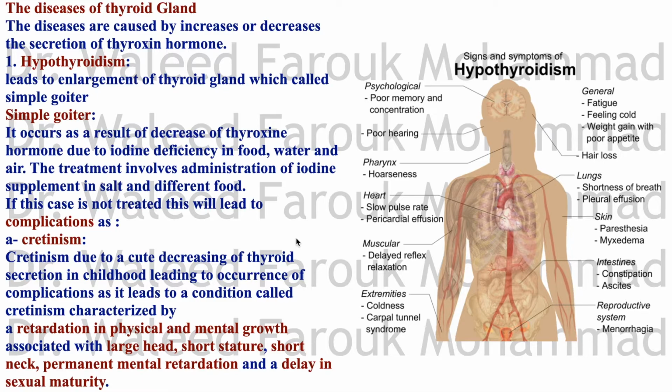The patient has retardation in physical and mental growth, has large head, short stature, and short neck, permanent mental retardation, and a delay in sexual maturity. So it's a dangerous complication of acute thyroid deficiency in childhood. Cretinism, don't forget that.